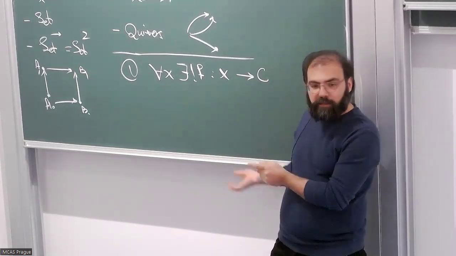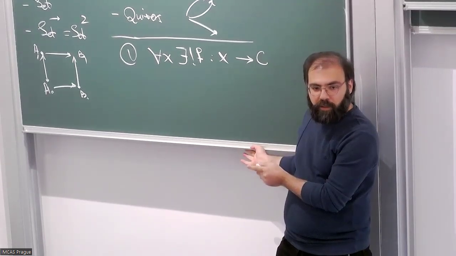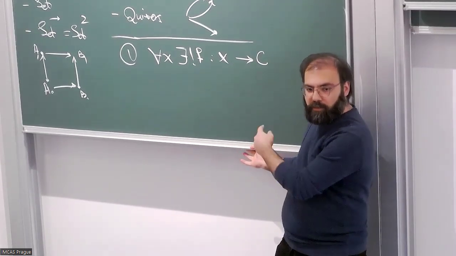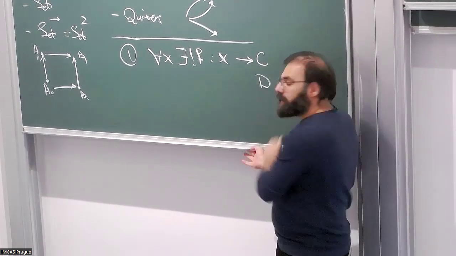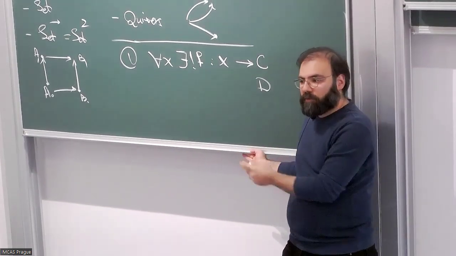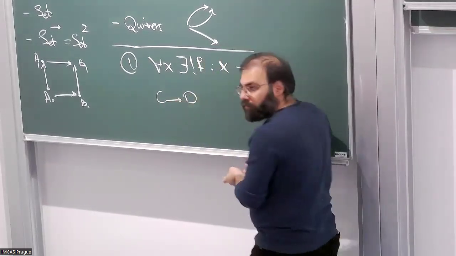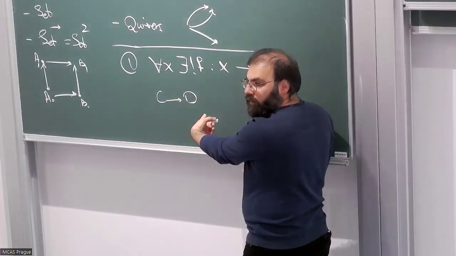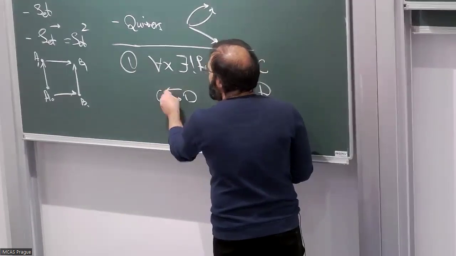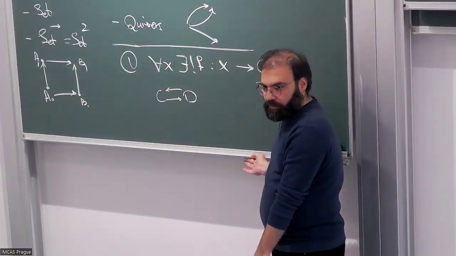And how do I know that? So let's say I have also another D with the same property. Of course, then you have a map from C to D, because D has the property, and one map from D to C, because C has the property.